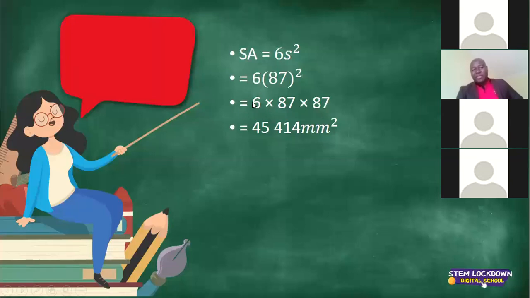This stands for the 6 faces of the cube. The answer that you will get will be 45,440 square millimeters. That will be the answer for the surface area of the cube.